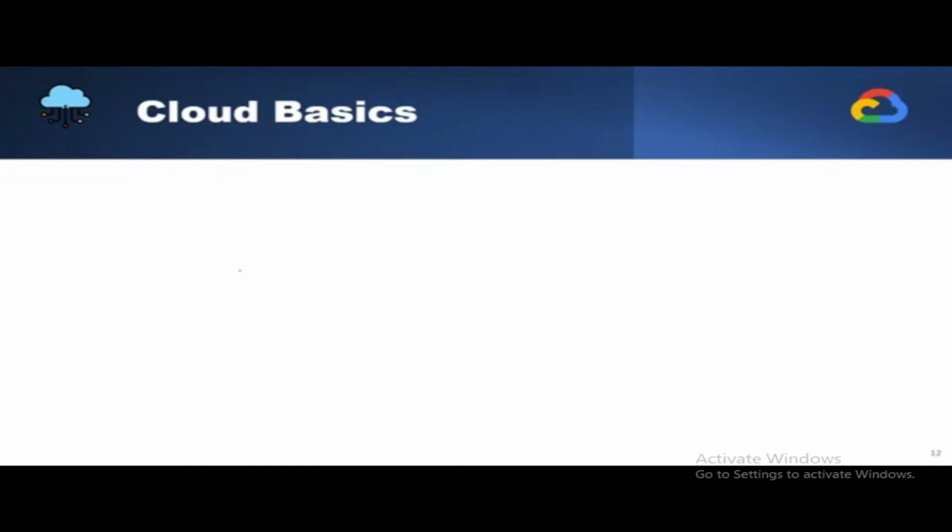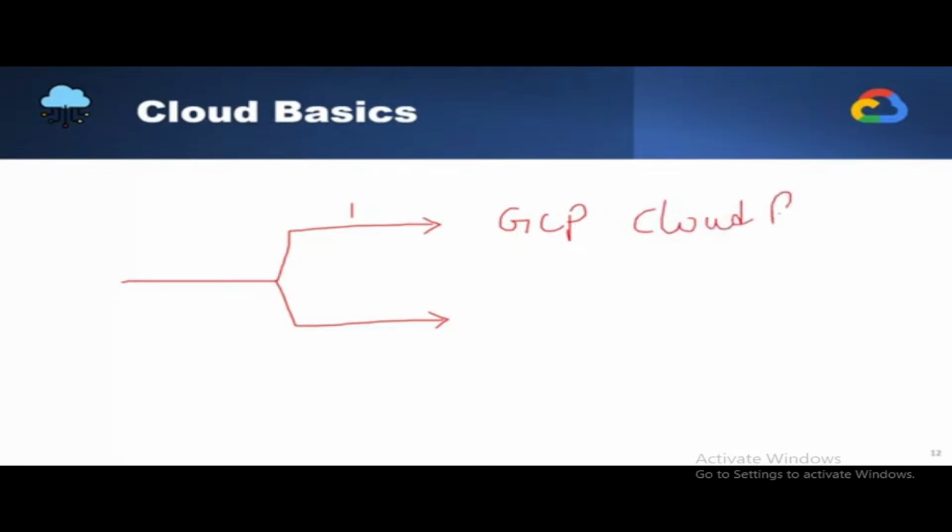I have divided this entire GCP data engineering course curriculum into two topics. One is GCP basics, nothing but cloud basics.